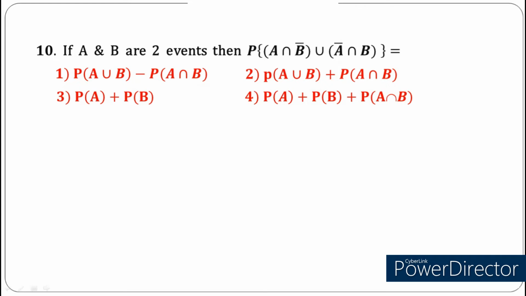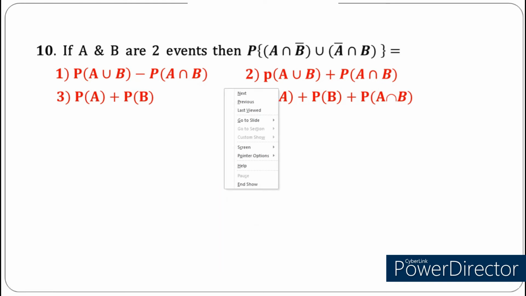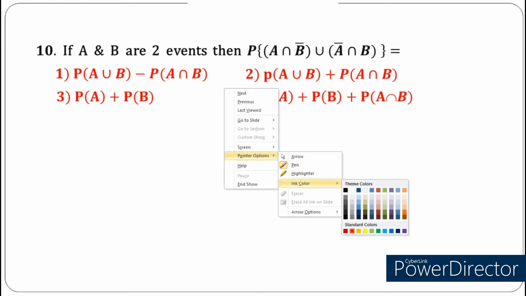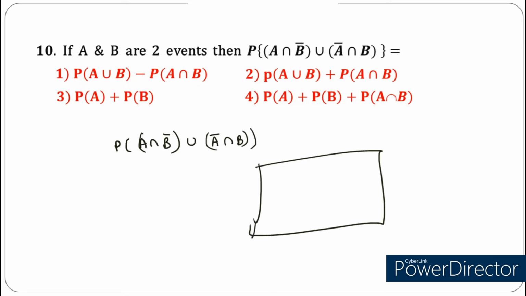Now let's see the next question, that is the 10th question. They have asked, if A and B are two events, then they have given some expression here. Let's see how to solve this. See, they have asked P of (A intersection B bar) union (A bar intersection B). Now let's look into the Venn diagram, which makes it easy to solve this.